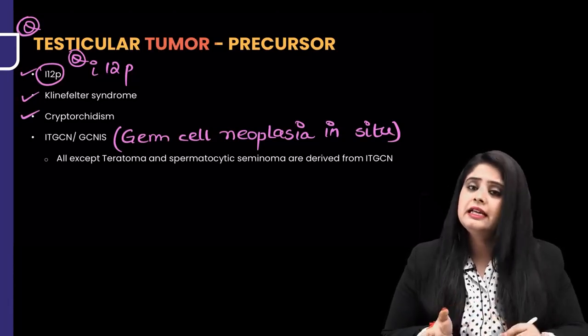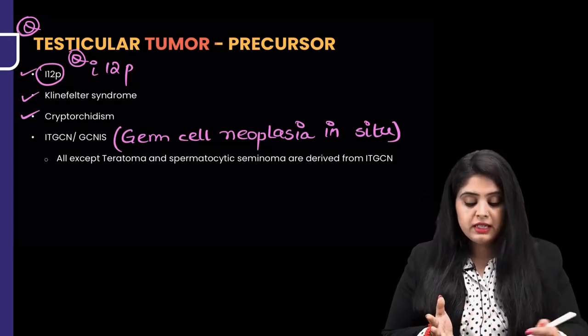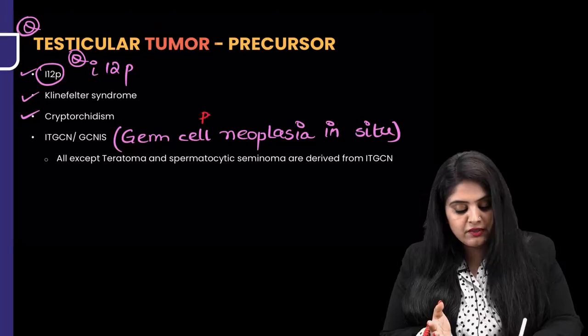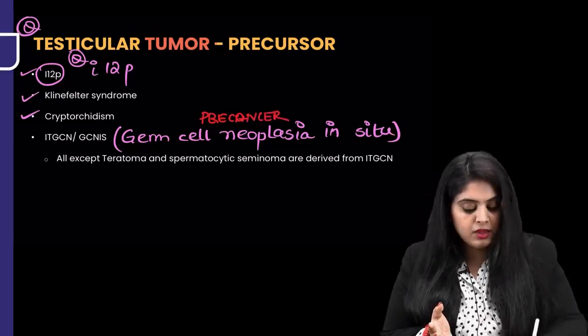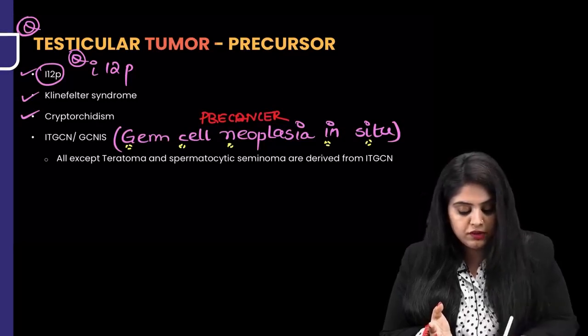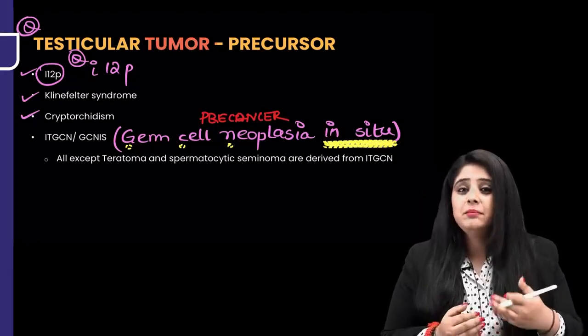Every cancer is going to have a precancer, you agree? So for testicular cancers, what is the precancerous condition that we have? Earlier they used to call it ITGCN, but now I want all of you to learn GCNIS. GCNIS means germ cell neoplasia in situ. If I've used the word in situ, that basically means that it's still a pre-cancer stage.